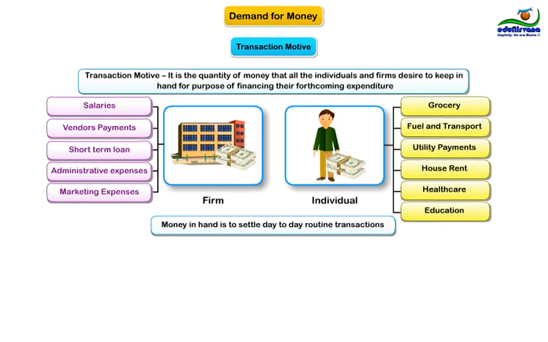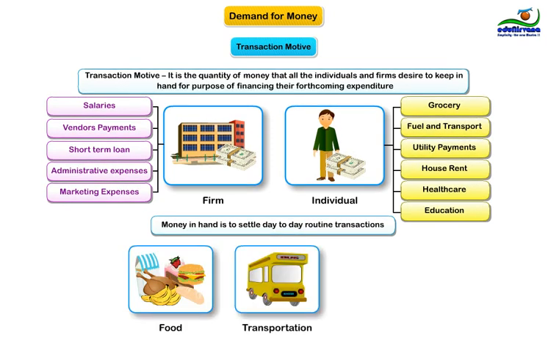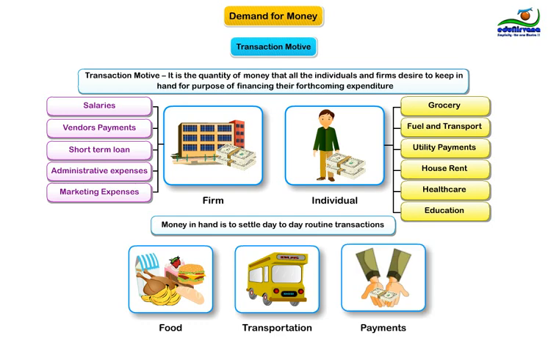These include money for food, transportation, payments, and other miscellaneous known transactions throughout a given time period. In other words, this is done to bridge the interval between receipt of income and expenditure.